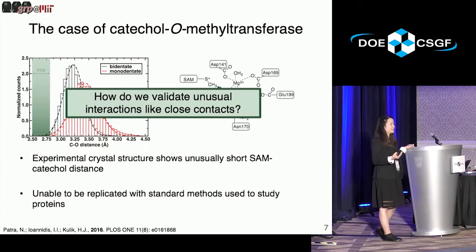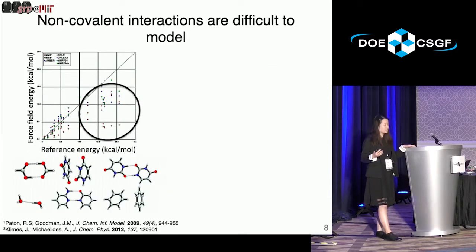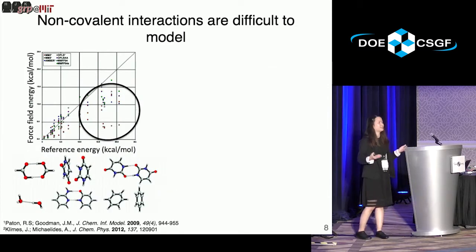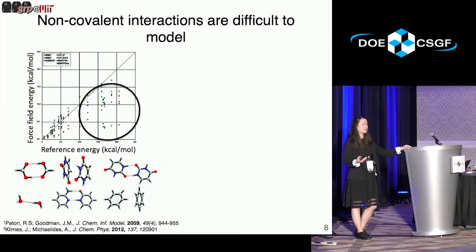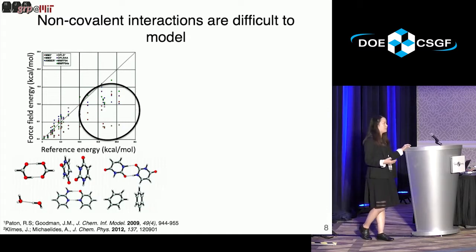So how do we validate unusual interactions like these close contacts that we might not expect to be favorable? In general, these unusually close contacts belong to a class of non-covalent interactions, which are notoriously difficult to model. Standardly, proteins are modeled with classical methods where the force fields are parameterized from experiment and previous computation.